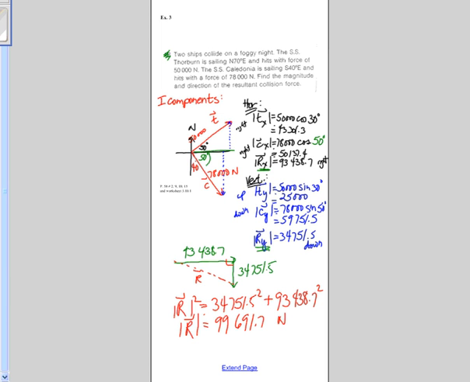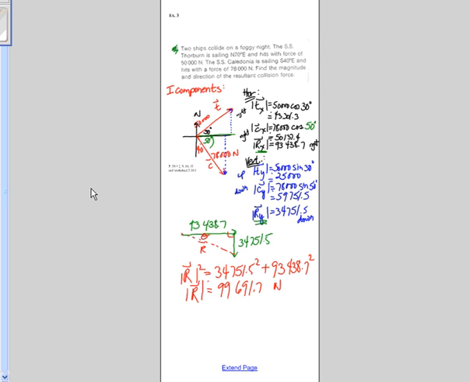The direction is going to be south of east. We will call it theta. We can use right angle trig again. I'm going to use opposite and adjacent. So tan of theta is opposite, 34,751.5 over 93,438.7.